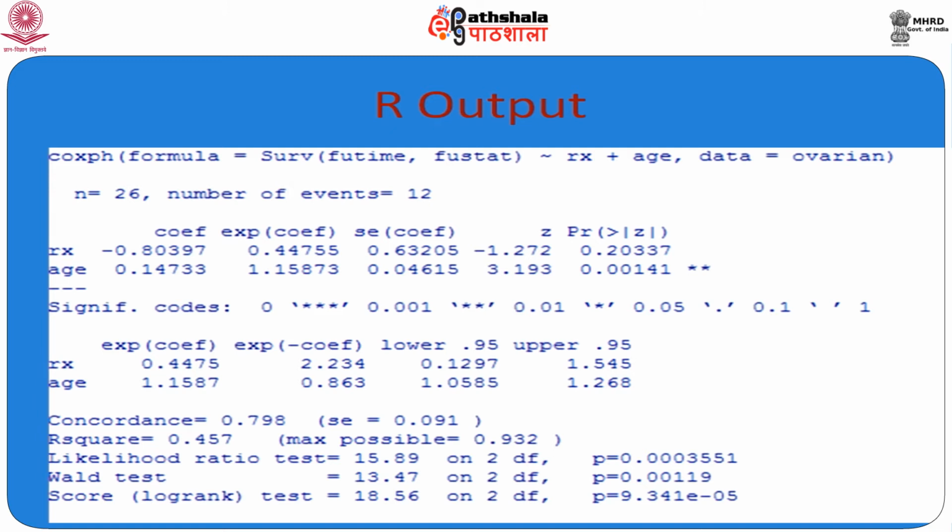Below the age coefficient estimations, we get the significance codes: 0 is triple star, 0.001 is double star, like that. So here we can see which p value should be considered with 95%, 99% or 90%. If we consider 95%, in that case age is a really influencing factor on the status, that is the event, of these patients.